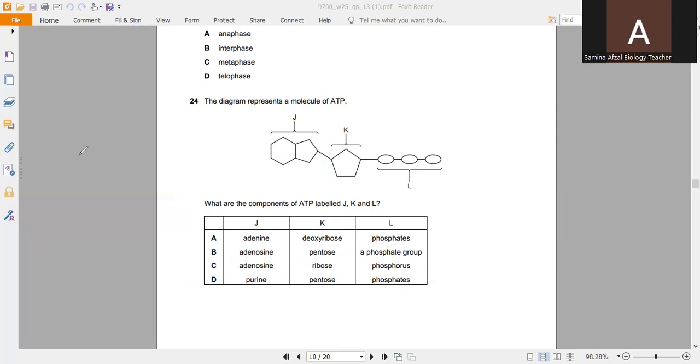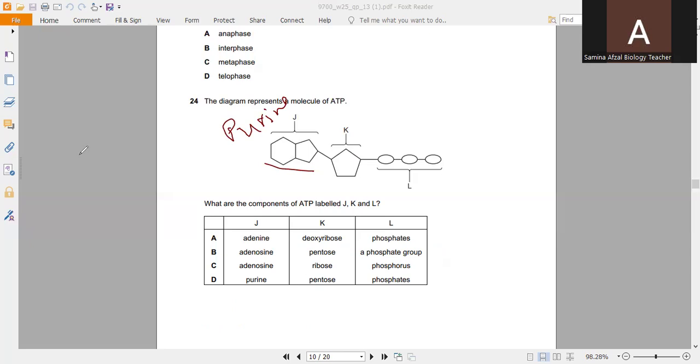So adenine base, this is a purine, a nitrogenous base which is characteristically made of a double ring structure. So this is purine, because it has a double ring structure, with 6 carbon rings fused together.